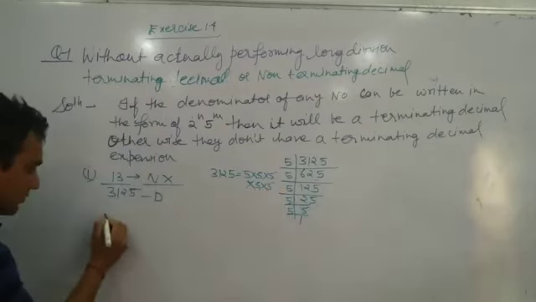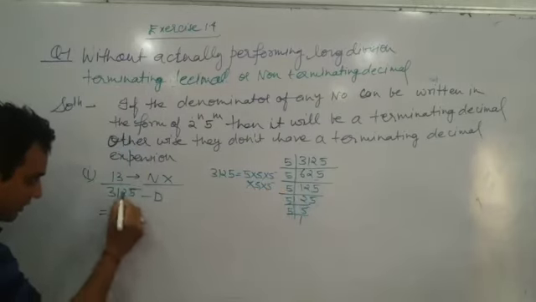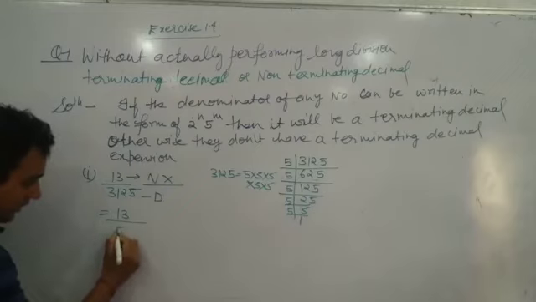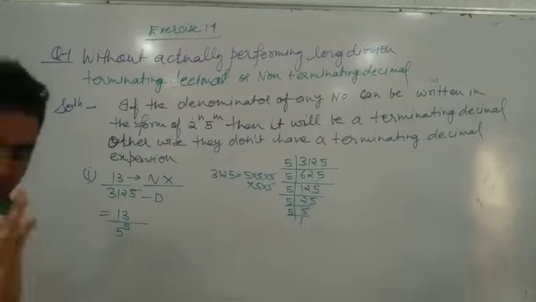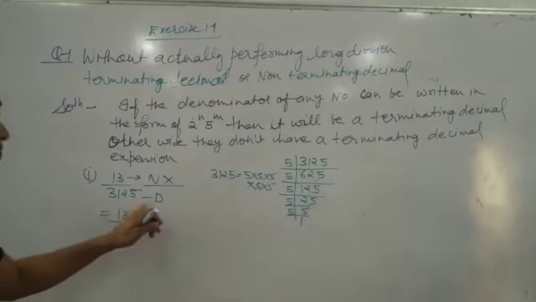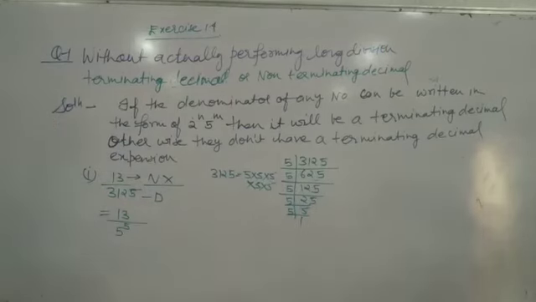So 3125 can be written as 5 to the power 5, and the number is 13 upon 5 to the power 5. What I have done is written 3125 in the form of its prime factors.